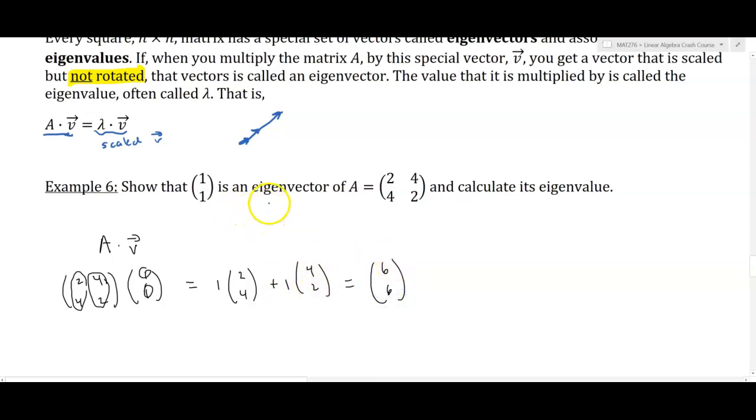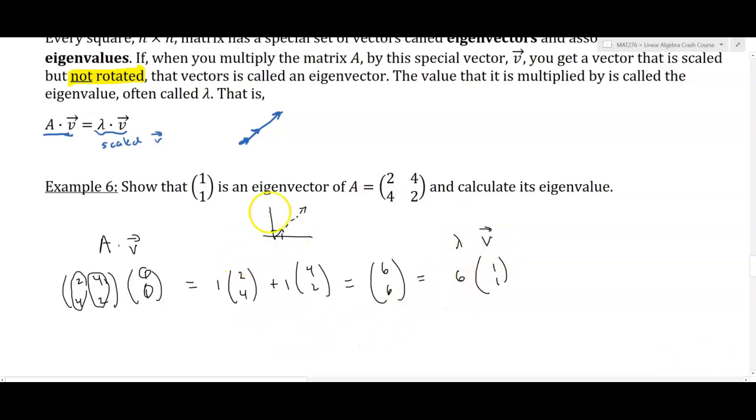Now if you look at these two vectors in two-dimensional space, [1, 1] is here and [6, 6] is out here. They both have the same rise to run ratio. And in fact, if you factored out a 6, you could see that, yes, that is just a scaled version of the original vector V. There's the original vector V. Lambda, therefore, must be equal to 6.